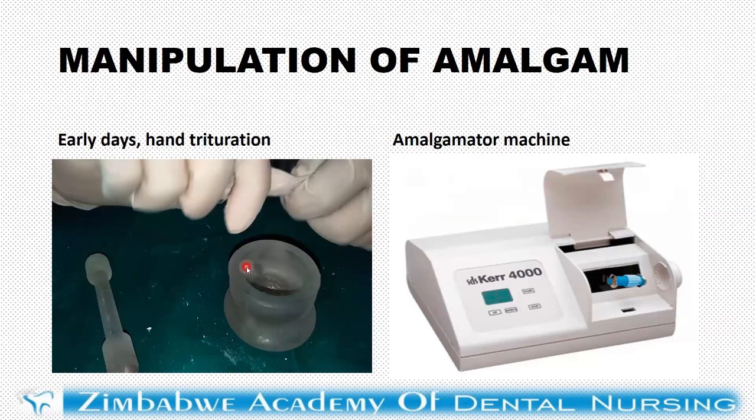So this was a very messy process. And they used a mortar and pestle to mix it. Then put it in a napkin and squeeze the excess mercury. So this was quite messy. But now, luckily, due to technology, we don't have to worry about that.